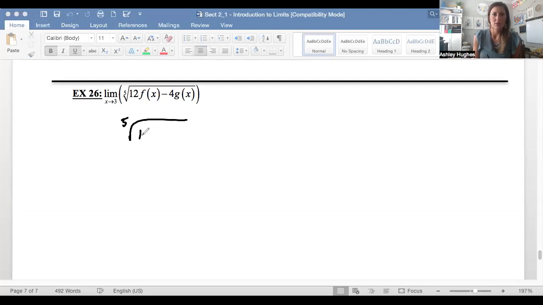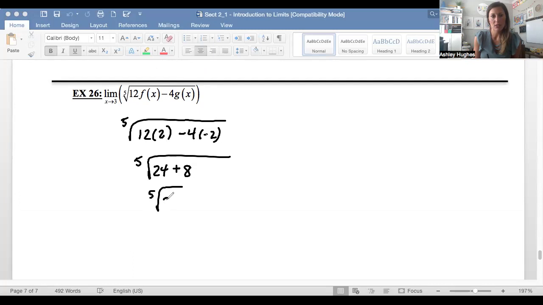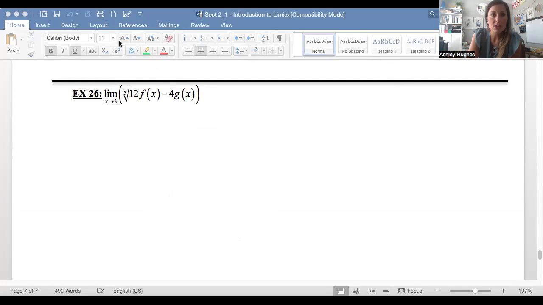This is the fifth root of 12 times 2 minus 4 times negative 2. The fifth root of 12 times 2 is 24, minus 2 negatives make a plus, so plus 8. So the fifth root of 32 is 2, because 2 to the fifth is 32. So that's our answer.